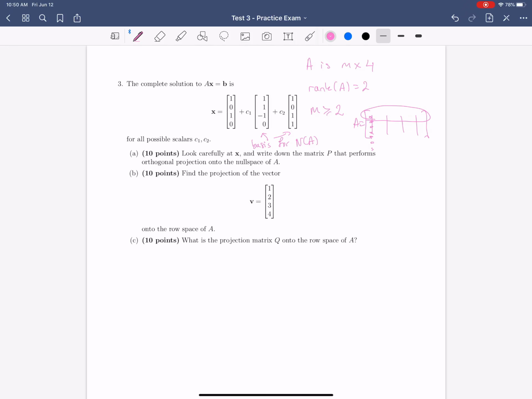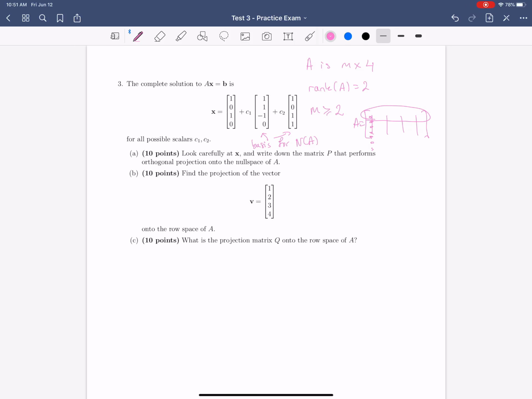Okay, part A. Look carefully at X and write down the matrix P that performs orthogonal projection onto the null space of A. So I just said that these two vectors that multiply C1 and C2 give me a basis for the null space of A. So if I have a basis for the null space of A, then I can talk about a matrix P. Now, just from the way the problem is written, it says look carefully at X and write down the matrix P. So this is interesting.